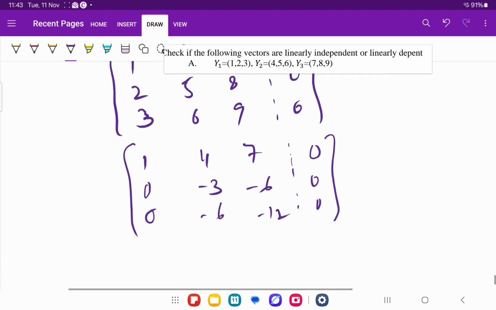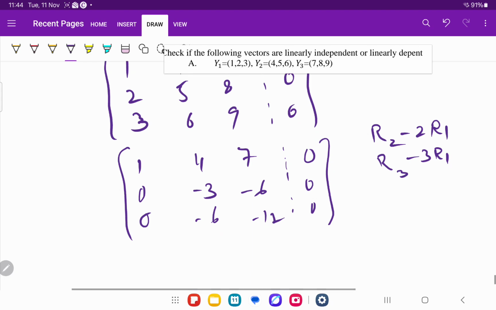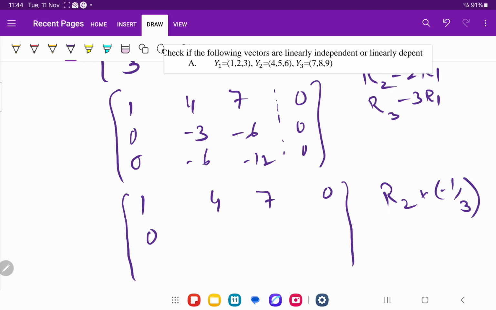So the first method, I'm just going to write what I have done previously to reach this point. Now the first row again will remain the same, and we are multiplying row 2 by minus 1 by 3. 1 2 0 0 minus 6 minus 12 0.